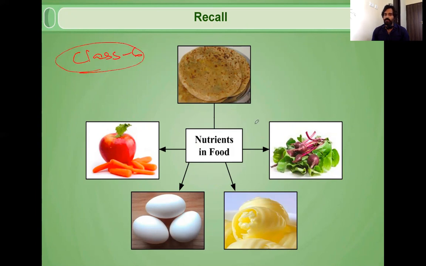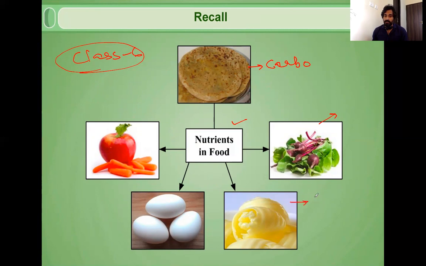So we know a nutrient in food. Why we need food? Because we need energy. And from where we get energy? Obviously from food. And inside the food, there are many nutrients. Like in chapati, you'll have carbohydrate, right? This salad, you'll have lots of roughage, which helps in the digestion of food.